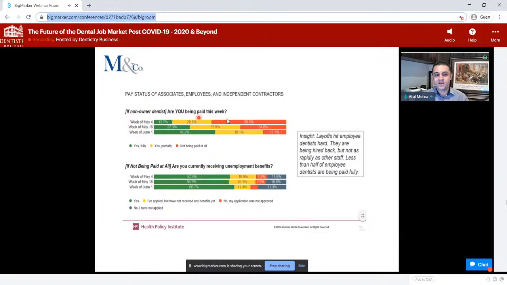In this particular area, you see here, it says, non-owner dentist, are you being paid this week? In the United States, most of the states opened up at the beginning of May, whereas in Ontario, for example, we opened up in the first week of June. So they have a little bit more information.